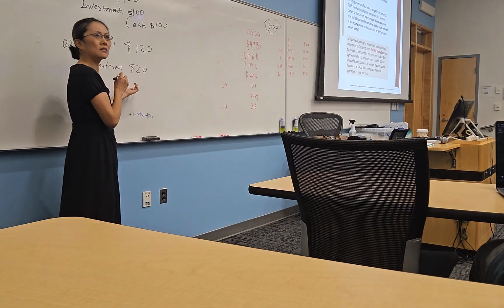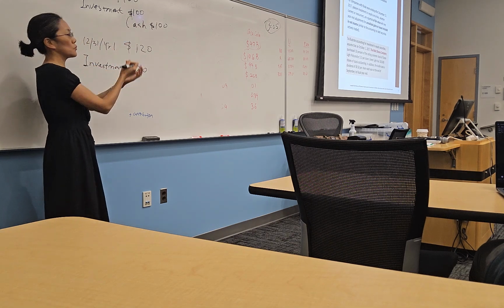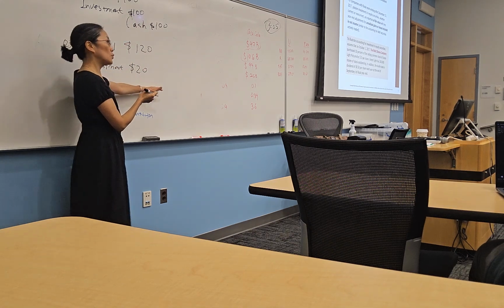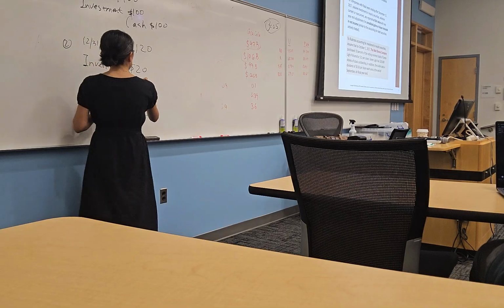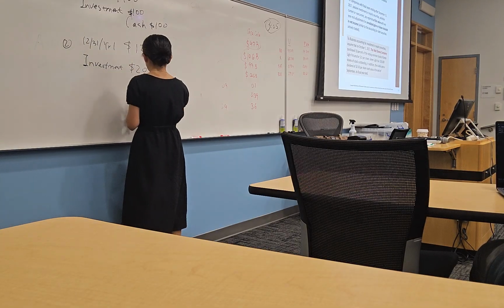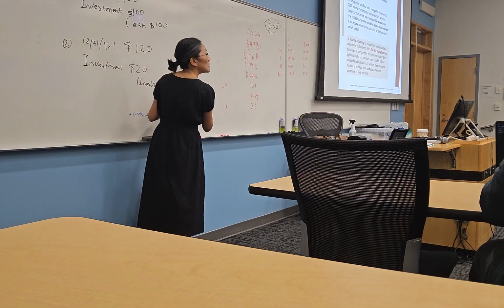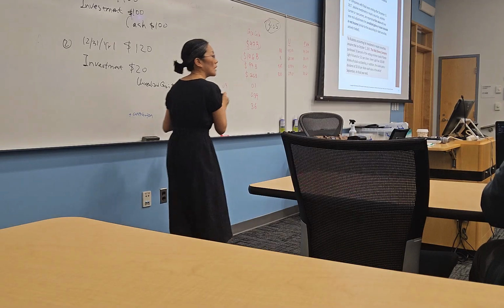Is this clear, everyone? You debit, then you bring up the value, right? You appreciate it to 120. And then what do you do on the credit side? Gain. This is called unrealized or realized? Unrealized, very good. Why is it unrealized? You haven't sold it.